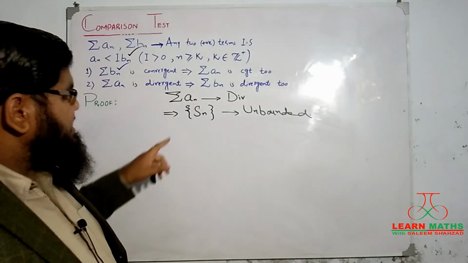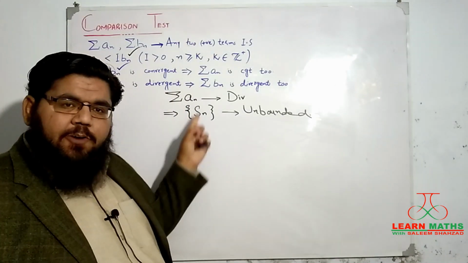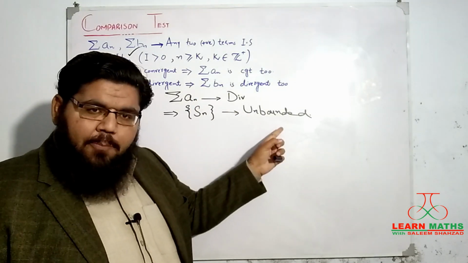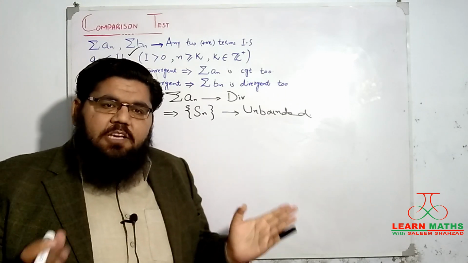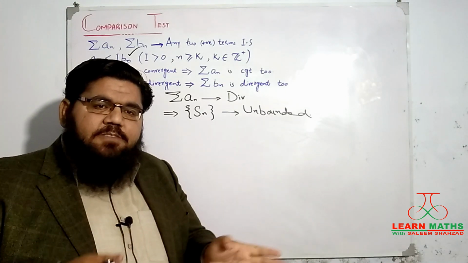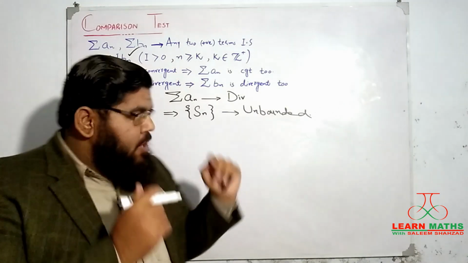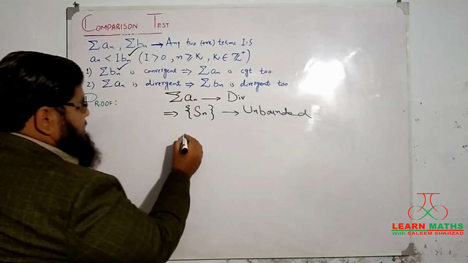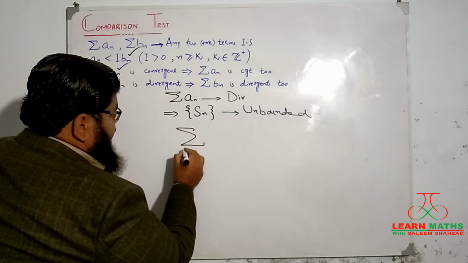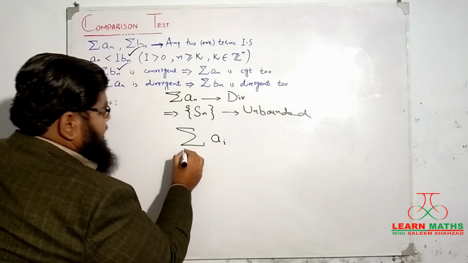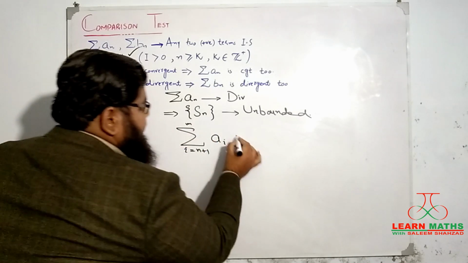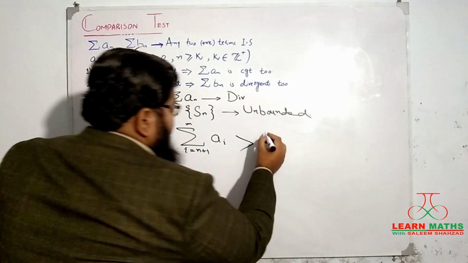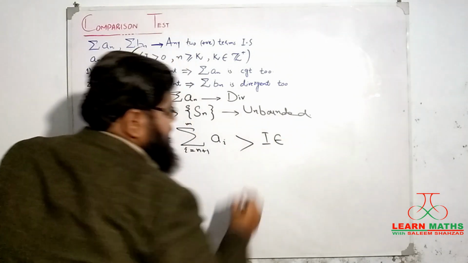Now if the sequence of partial sums for this series is unbounded, that means the difference of any two terms of this sequence will be increasing as we move on in this sequence. So I can write that summation of ai, where i runs from n plus 1 to m, will be greater than l times epsilon.